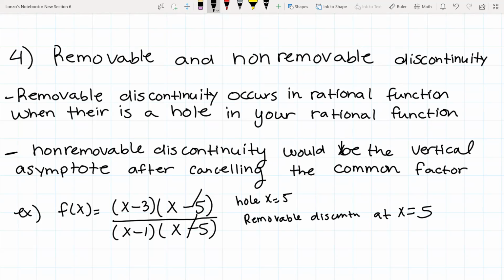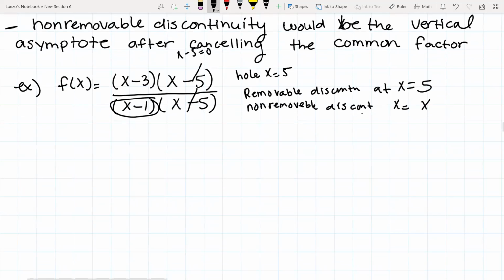Why is it positive 5? Because if you set the factor that cancels, x minus 5, to 0 and solve for x, you get 5. And then you have a non-removable discontinuity at x equals positive 1, because when you cancel, you have a vertical asymptote at x equals 1, right? So maybe it's a good idea to show you how it would look.